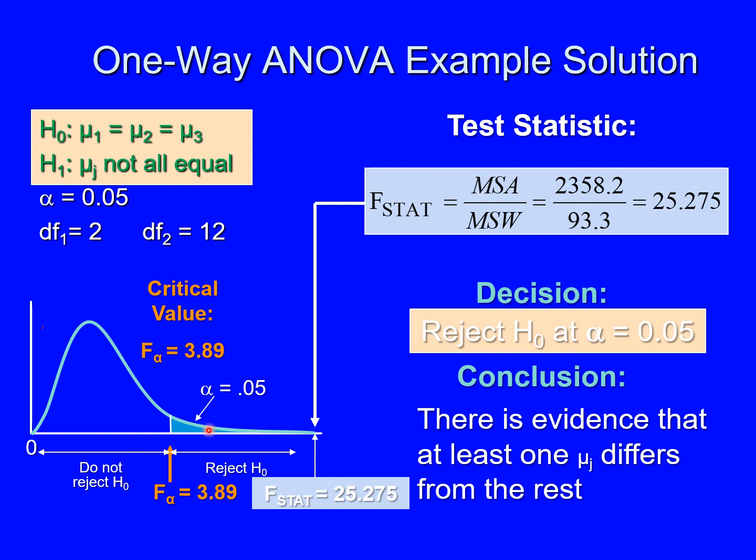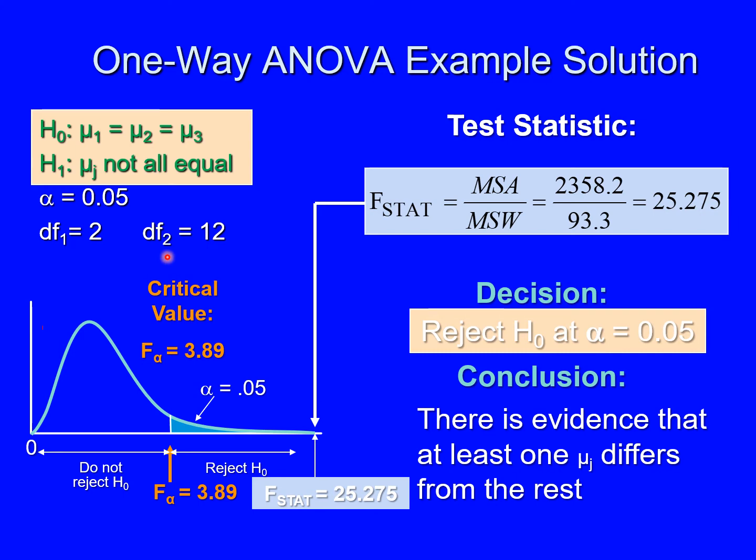The F statistic has two degrees of freedom, df1 and df2. df1 is C minus 1, the number of groups minus 1, which is 2. df2 is N minus C, which means 15 minus 3, which is 12.